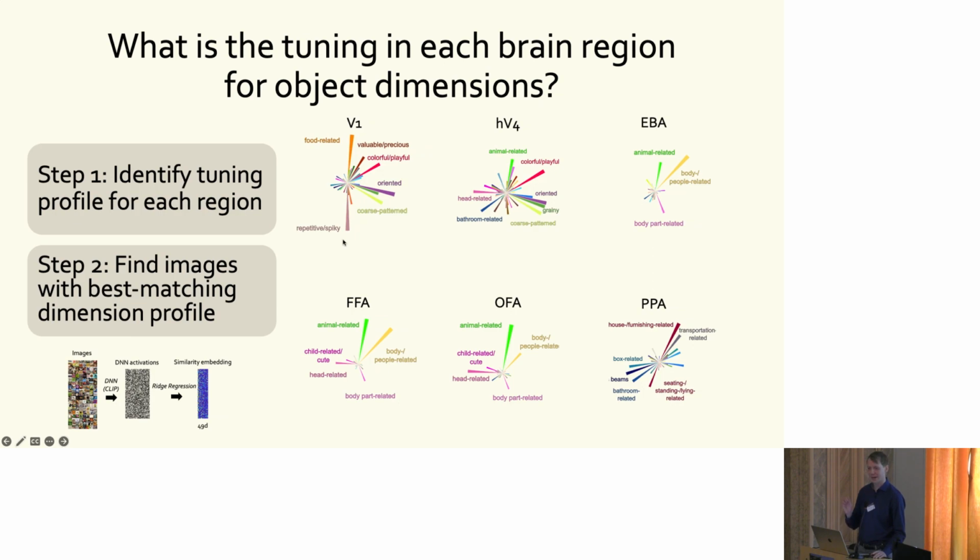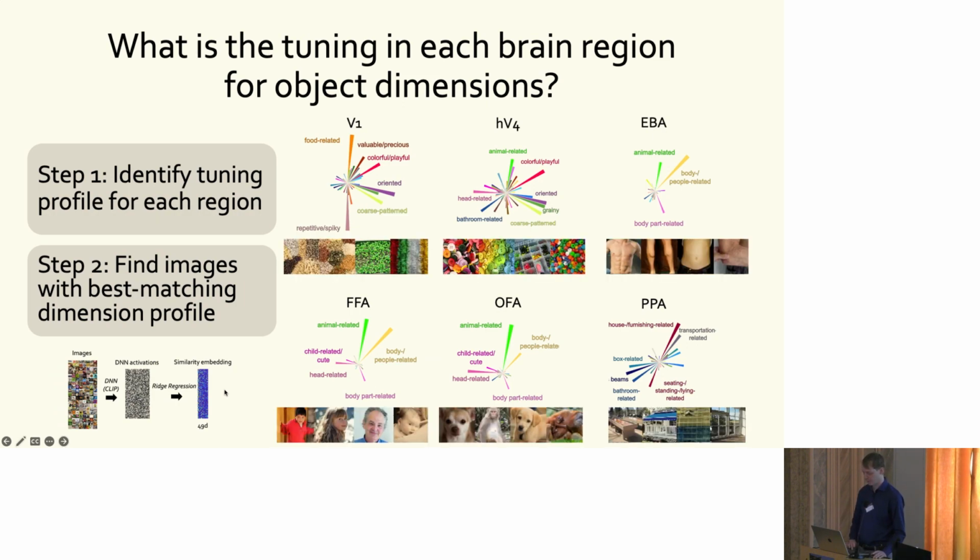So what are the ideal images that you want to be showing to these regions according to their behavioral relevance? For that we use this dimension prediction approach. We do it on all different types of images, and here's what we find. In early vision you find images that are very fine-grained. For V4, you find images that are a bit more colorful, but a bit more coarse-grained.